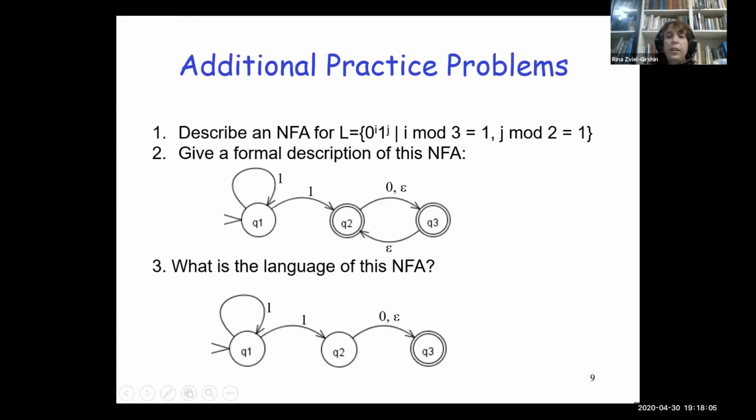Now we have additional problems. We will start with the first one. You have to describe, which means to build and then describe with a 5-tuple, the following NFA. The NFA accepts the language L, which has a prefix of zeros, 0 to the power of i, where i modulo 3 equals 1, and a suffix of 1 to the power of j, where j modulo 2 equals 1.